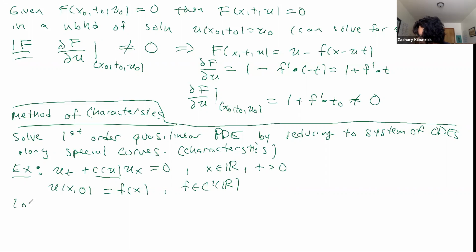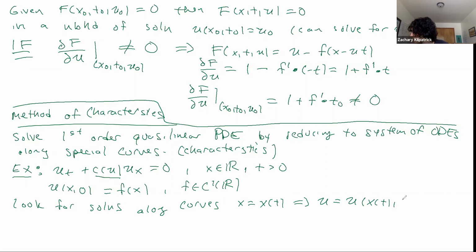And the way that we're going to approach finding solutions is that we're going to look for solutions along some curves, okay? x is equal to some function of t, okay? So that u is going to be equal to u of x, some function of t, okay? So what does this kind of change of variables do?